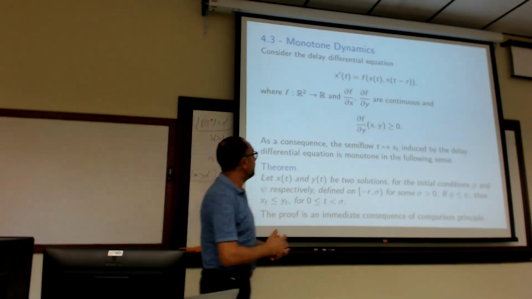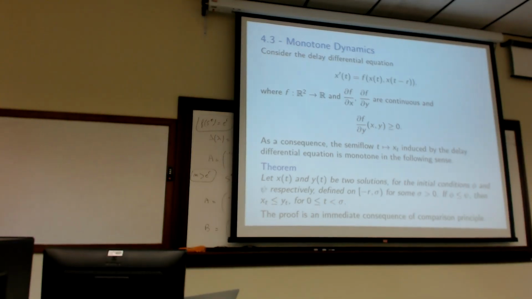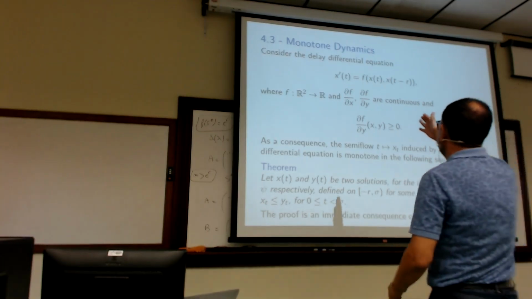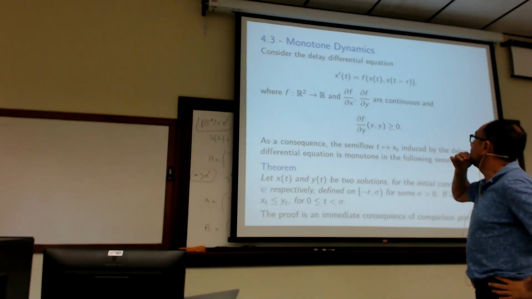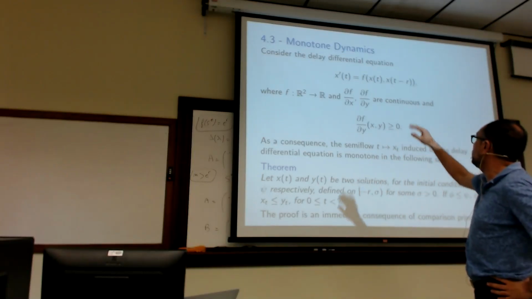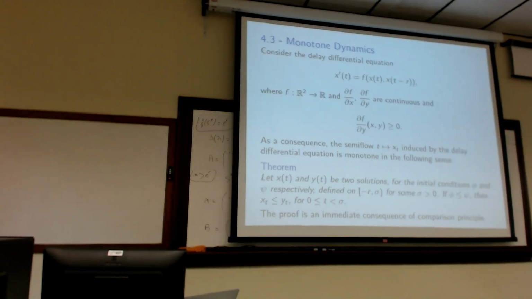Okay, now I will talk about another problem, what we call monotone dynamical system. This theory exists for more complicated systems like distributed delay, many delays, but I will concentrate only on one dimension and only discrete delay.